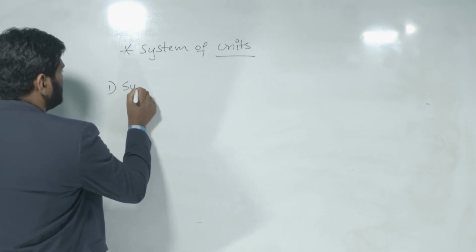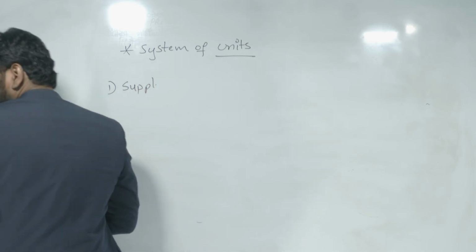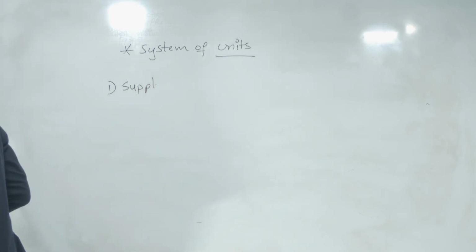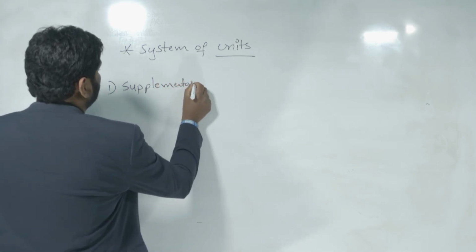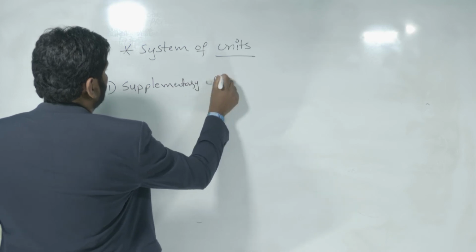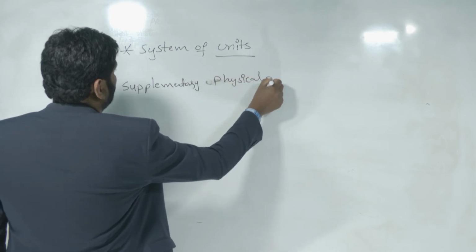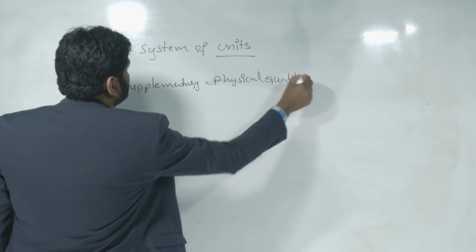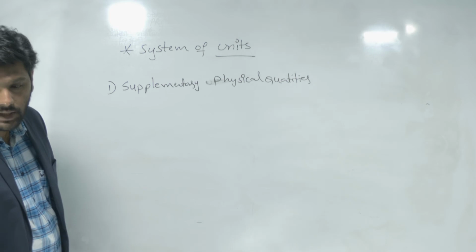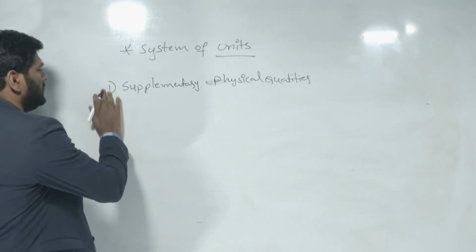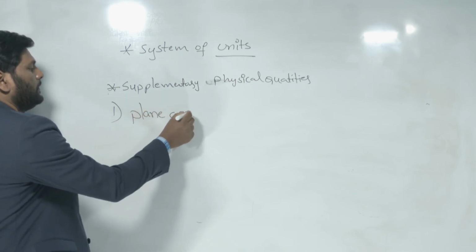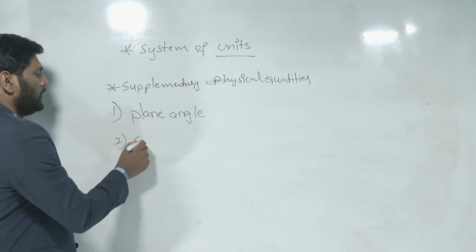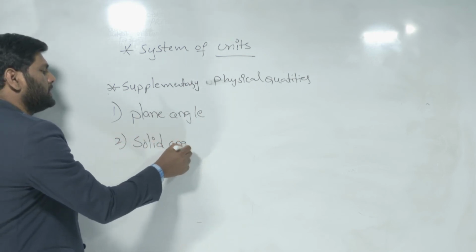So what are supplementary physical quantities? We have two supplementary physical quantities. One is plane angle and the next one is solid angle.